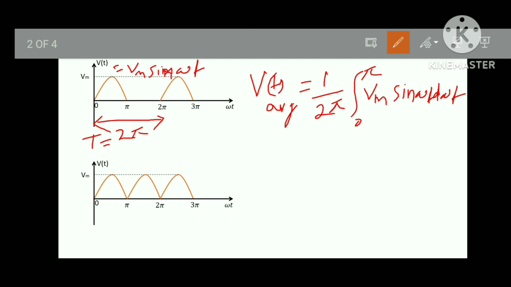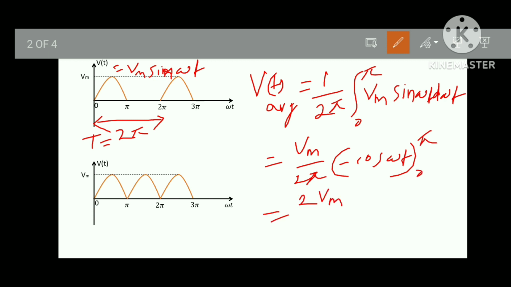Doing the basic integration, that is Vm upon 2 pi, minus cos omega t from 0 to pi, which is 2 Vm upon 2 pi, equal to Vm upon pi. This is the average value of this waveform.